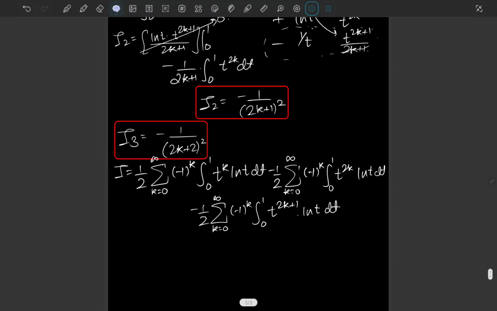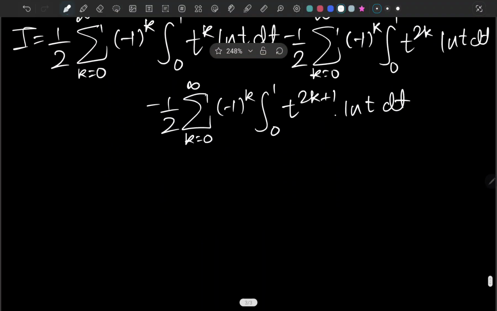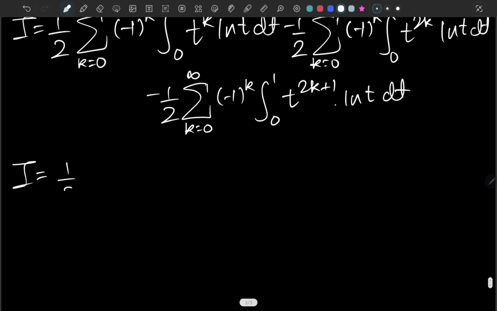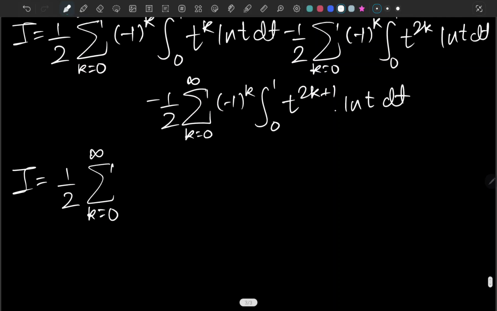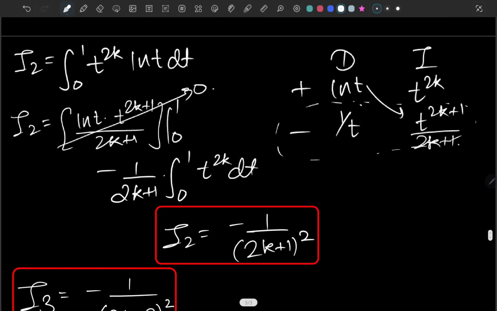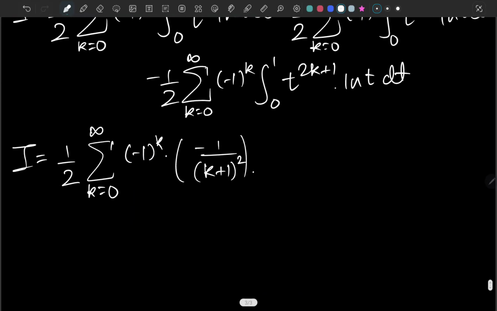Yep, now let's just plug them back. So I equals 1 over 2 the sum as k goes from 0 to infinity of negative 1 to the k, and this evaluated as 1 over k plus 1 whole squared, right? Let me check that once. Yeah, okay.